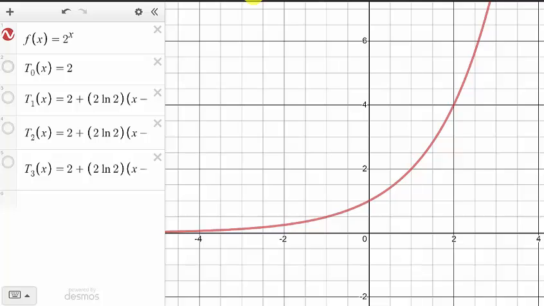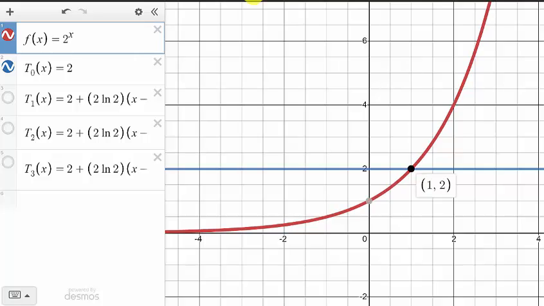So if I build just a t equals 2, you can see here it matches my function exactly where we're centering it. So this function is only going to match our function exactly at 1, which is where we centered it.